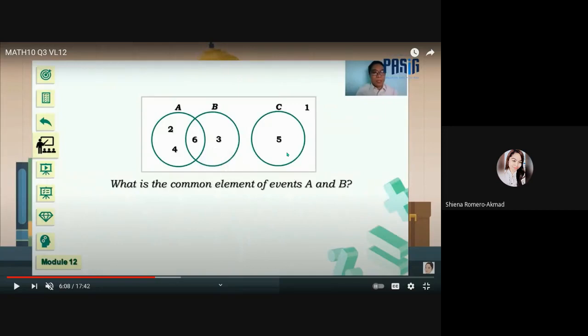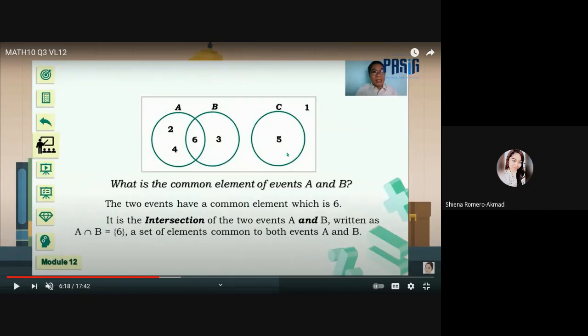How about yung common elements sa A and B? Kitang-kita naman siguro noon that the common element between A and B is 6. So ang tawag natin doon is the intersection. Okay? Sa intersection, we are looking for that element which is the same in both events.